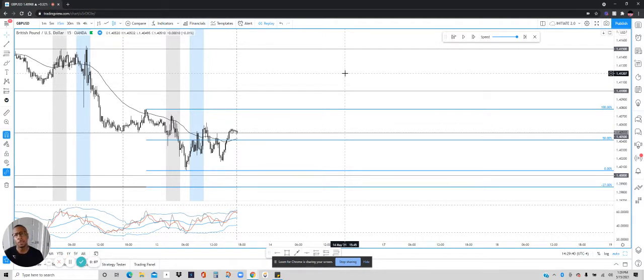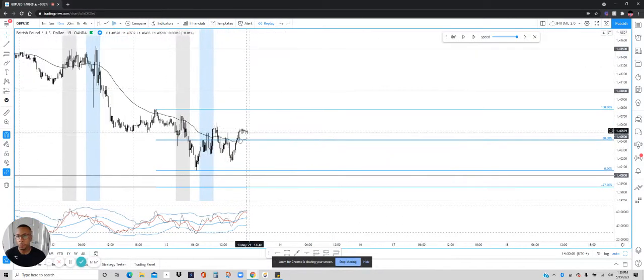I believe you would need to understand the power of three concept. He uses it in the daily range, but I figured out a method of using it for the hourly time frame, which I will go over as far as finding my entries. But let's just get right into the trading strategy.